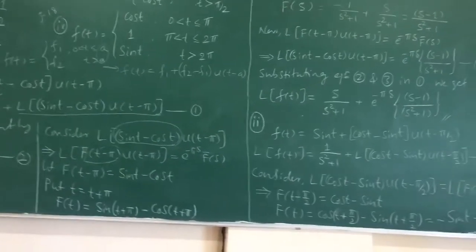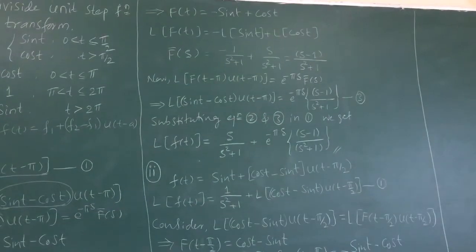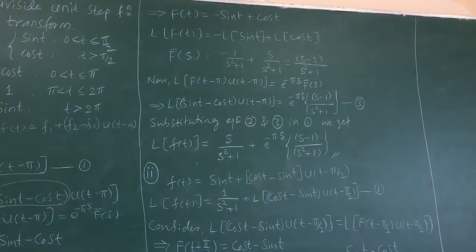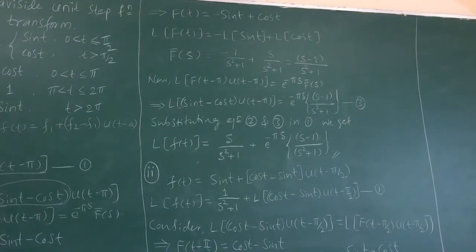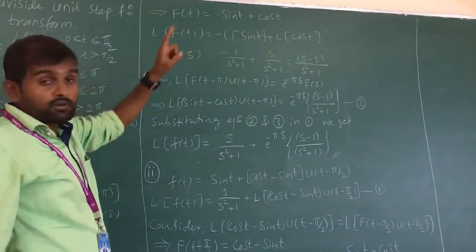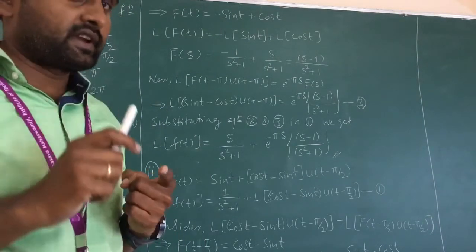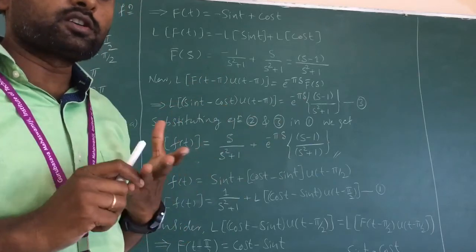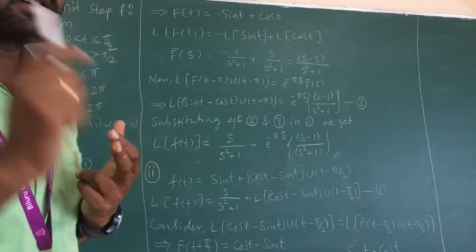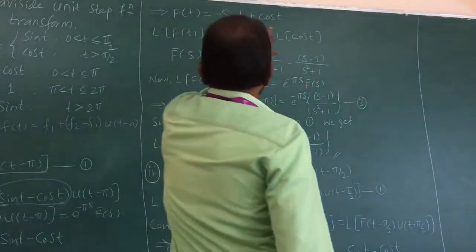The value of sine of theta plus 180 is minus sine theta. Then what about cos of theta plus 180? This is also minus cos theta. So minus into minus is plus, giving plus cos t.